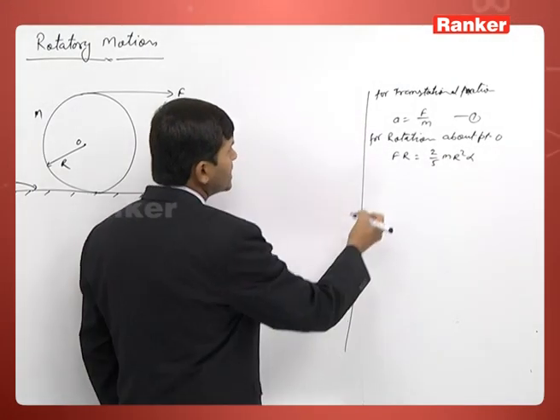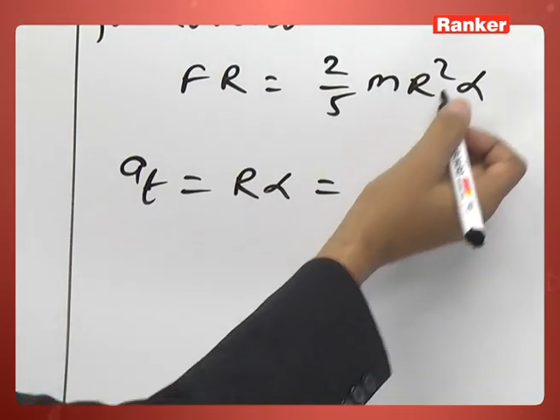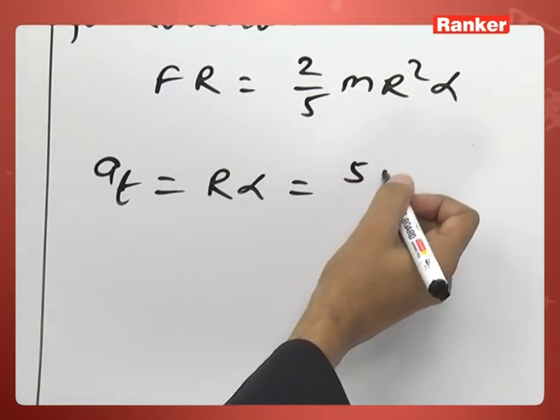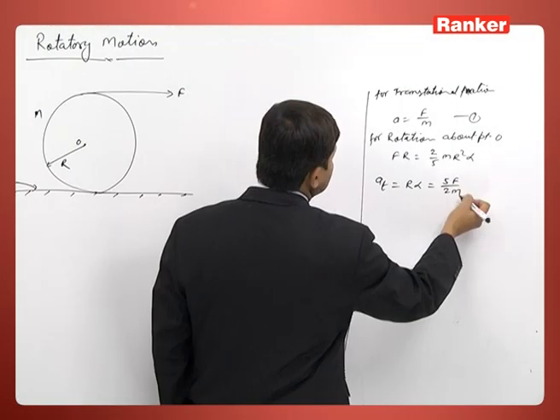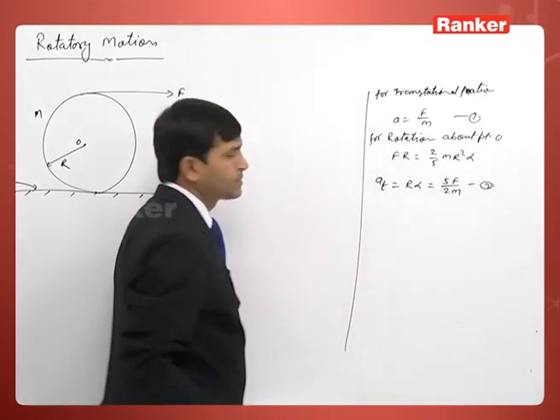So from here we can see A tangential is R alpha, R and R are cancelled, that is 5F by 2M. This is the second equation.